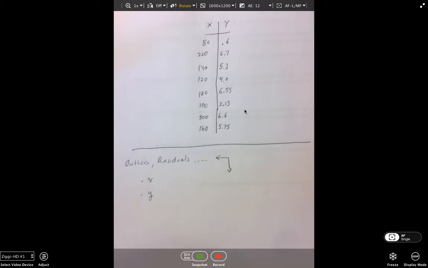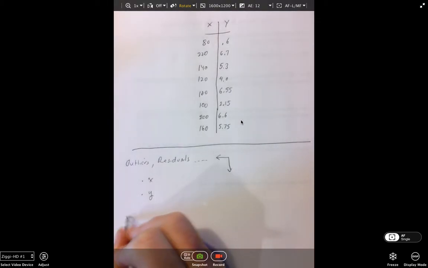A pretty good way to examine outliers is to look at standardized residuals. I'm sorry, a good way to look at residuals is to look at standardized residuals.